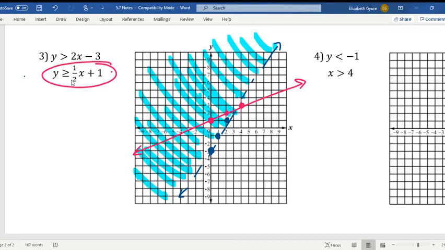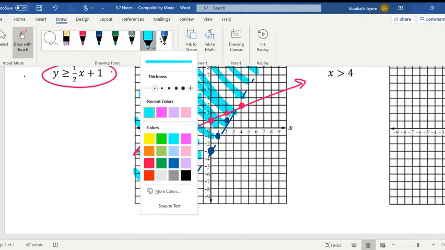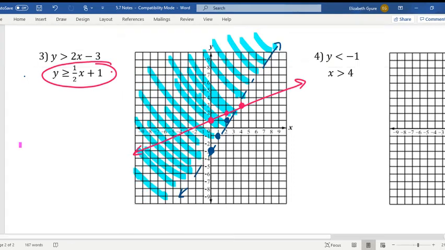Is this a greater than or equal to or a less than or equal to symbol? Anybody, greater than or equal to or a less than or equal to? This is a greater than or equal to, so anybody, shade above or below? Above, yep.